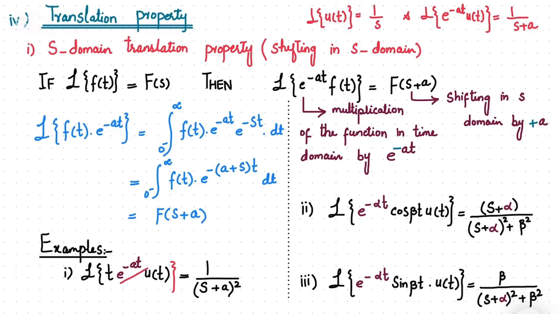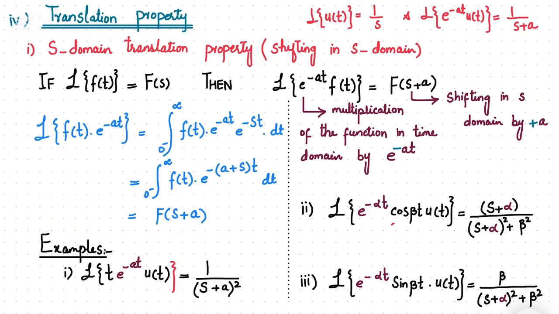So when we multiplied it by an exponential function in time domain, the result is s shifted by the same amount with an opposite sign. So 1 over s square, which was the Laplace transform of t into u of t, converted into 1 over s plus a square because we multiplied the time domain function by e raised to power minus at.